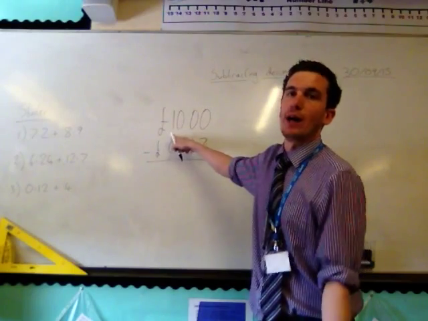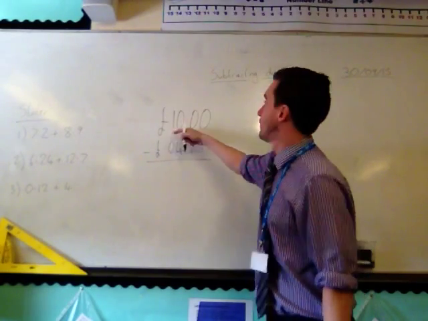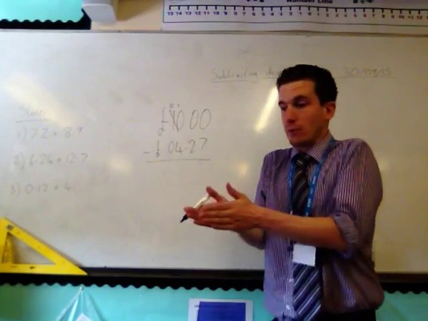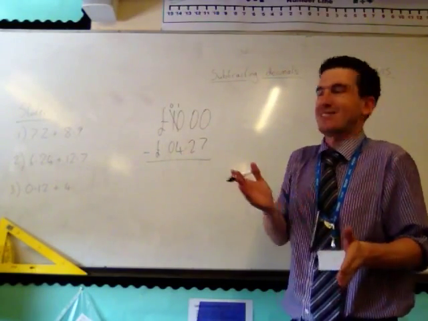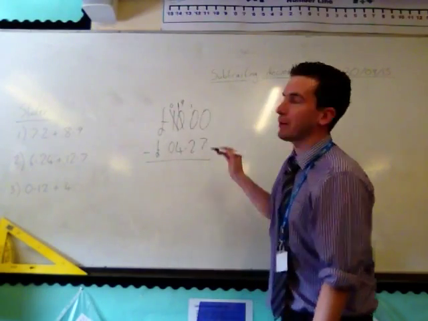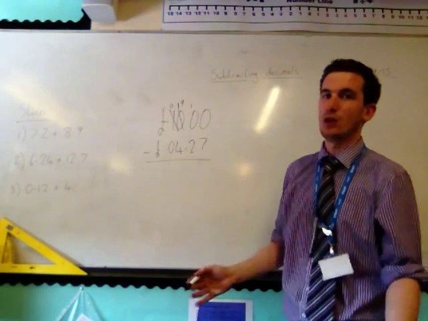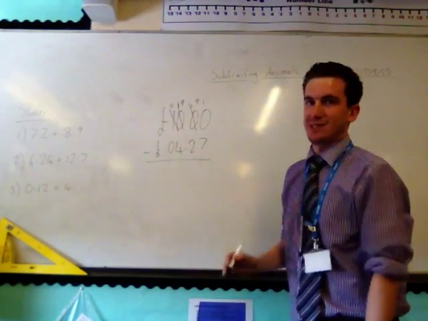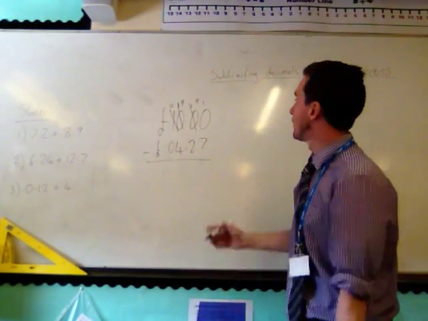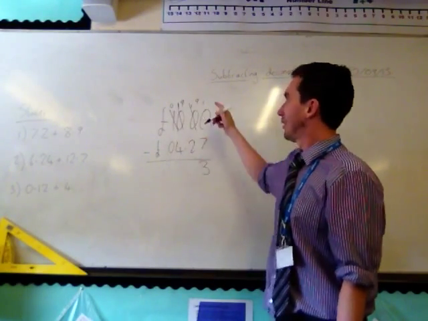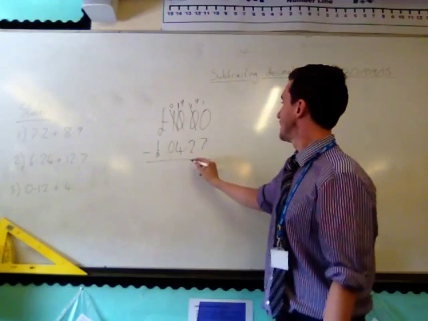I can't borrow from there, and I can't borrow from there. So I have to go all the way, and this is where it gets a little bit confusing. I take the 1 becomes 0, that becomes 10, because you only move it along 1. But I still can't do anything with that. So I cross out the 10, that becomes 9, that becomes 10. But it still doesn't help. So now I cross that out, that becomes 9, that becomes 10. And now we can deal with it. So 10 take away 7 is 3. 9 take away 2 is 7.